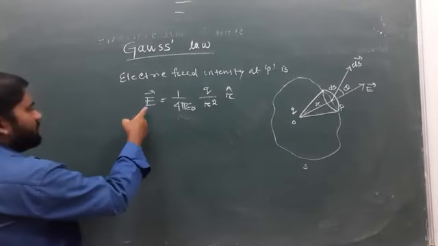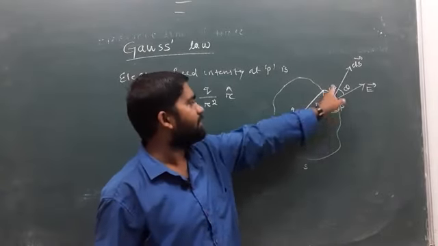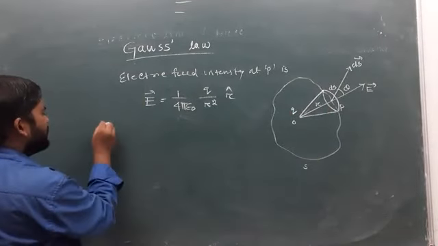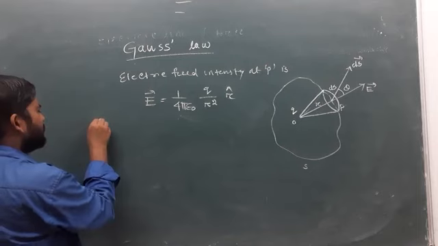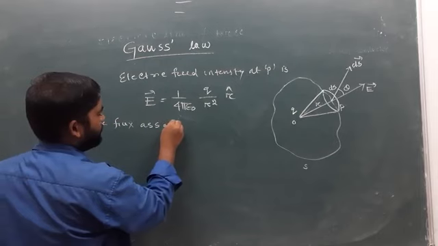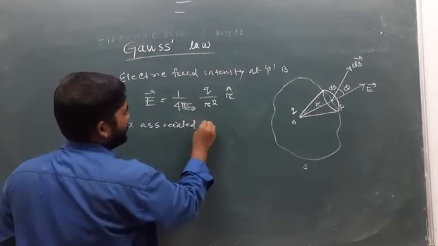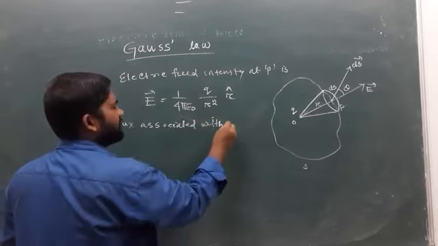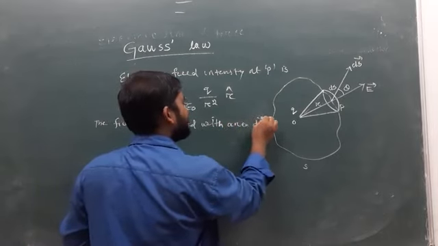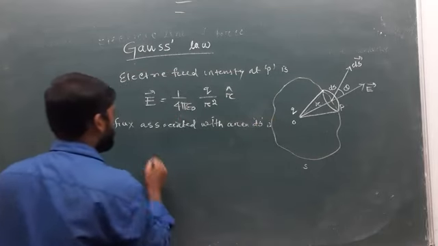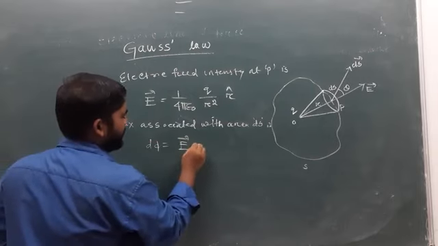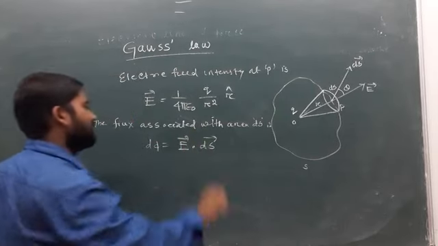So, the flux associated with the area ds is d phi equal to E vector dot ds vector.